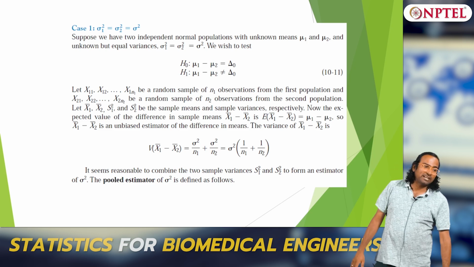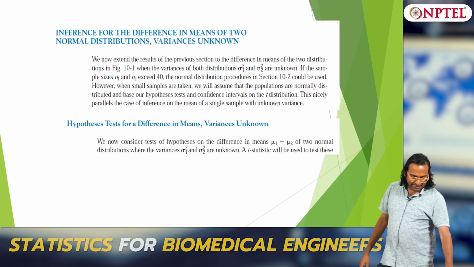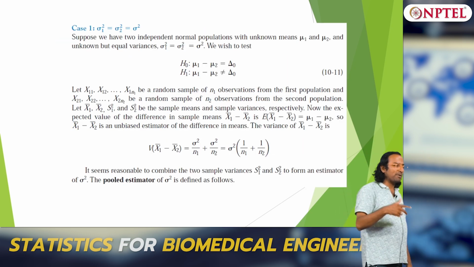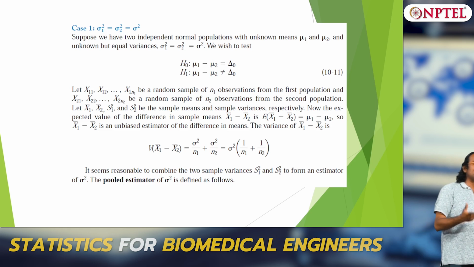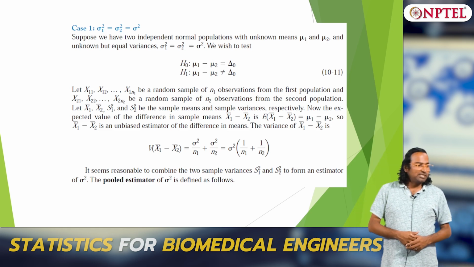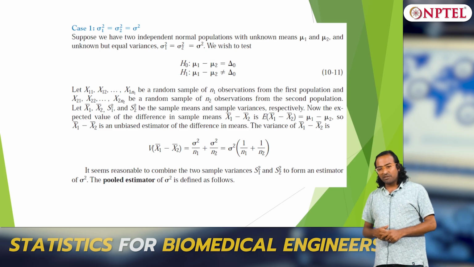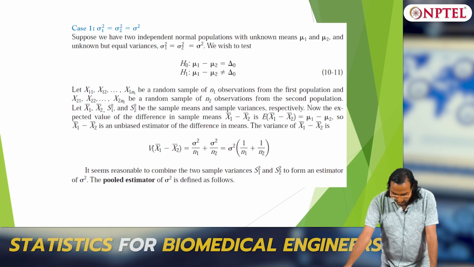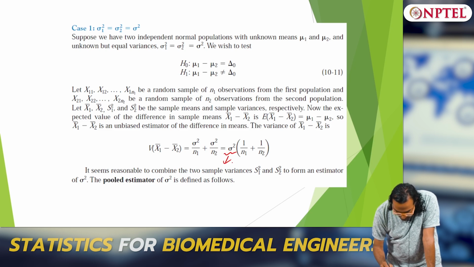If you assume both populations have the same variance, so there are multiple cases, okay. The first case is when both the population variances are the same. Then you take sigma squared as common and you have sigma squared into 1 over n1 plus 1 over n2. Now the sigma squared has to be replaced with s squared.